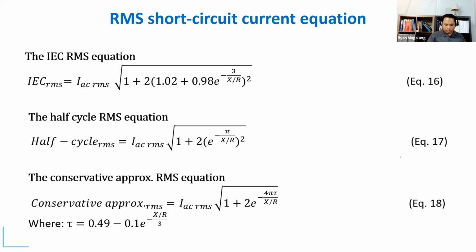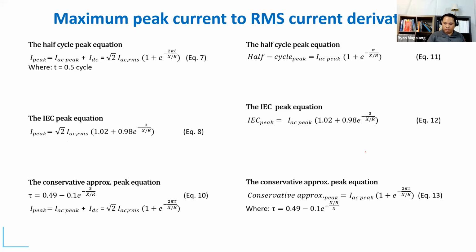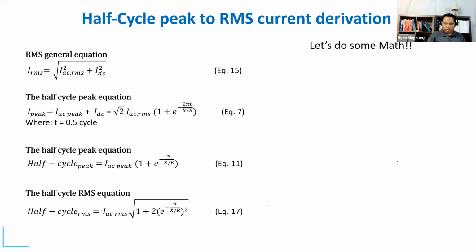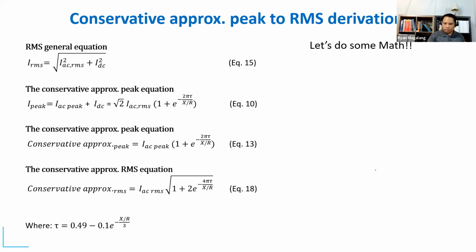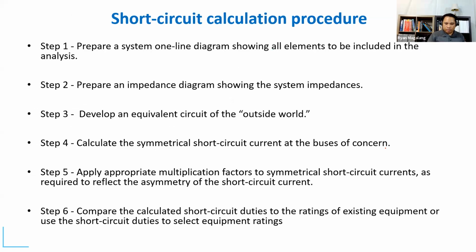Now we're down to the RMS equation, which is just basically a derivation of what we have here. So I'll just send this to you for analysis. It's taken directly from the IEEE standard.